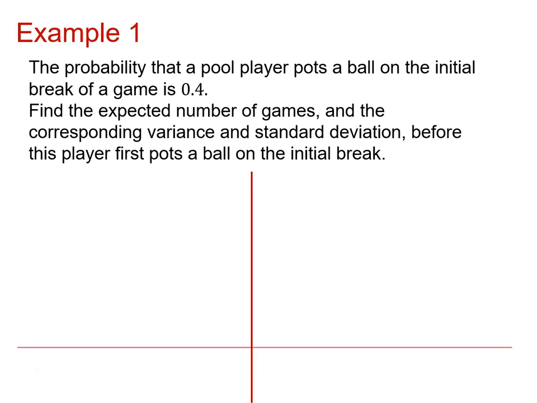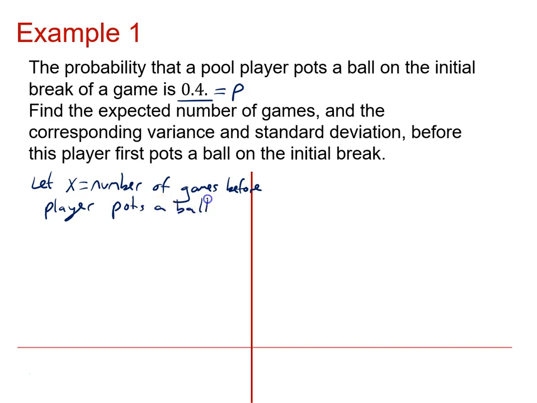So in my first example, the probability that a pool player pots a ball on the initial break of a game is 0.4, so that is equal to p. Find the expected number of games and the corresponding variance and standard deviation before this player first pots a ball on the initial break. So as always, we want to define our random variable. So let X equal the number of games before the player pots a ball on the break.